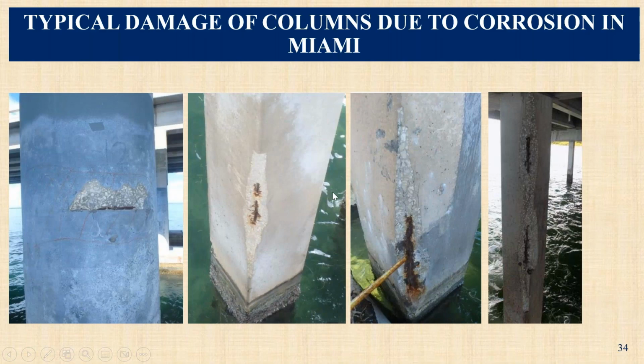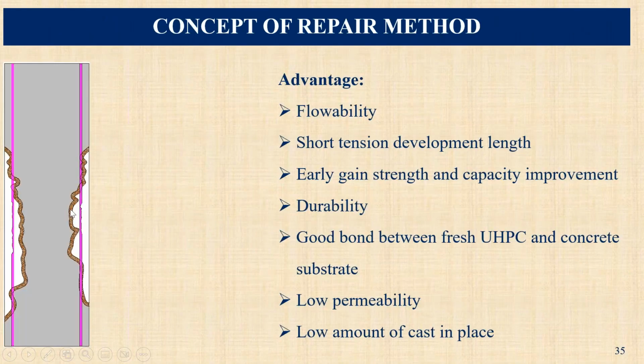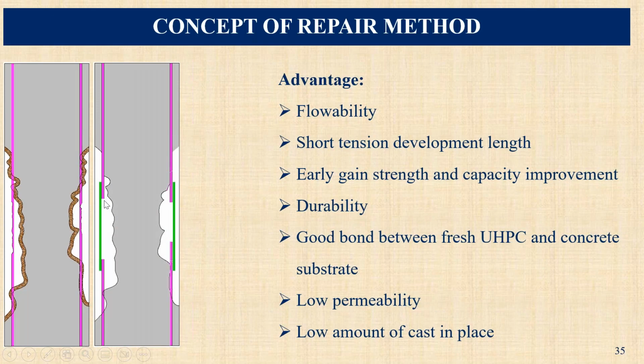Retrofitting columns. Here you can see that, for example, if I have a column with corroded bars, we don't advocate cutting bars because you may jeopardize the capacity. Always add. But here, in the diagram, we are showing cutting and adding.